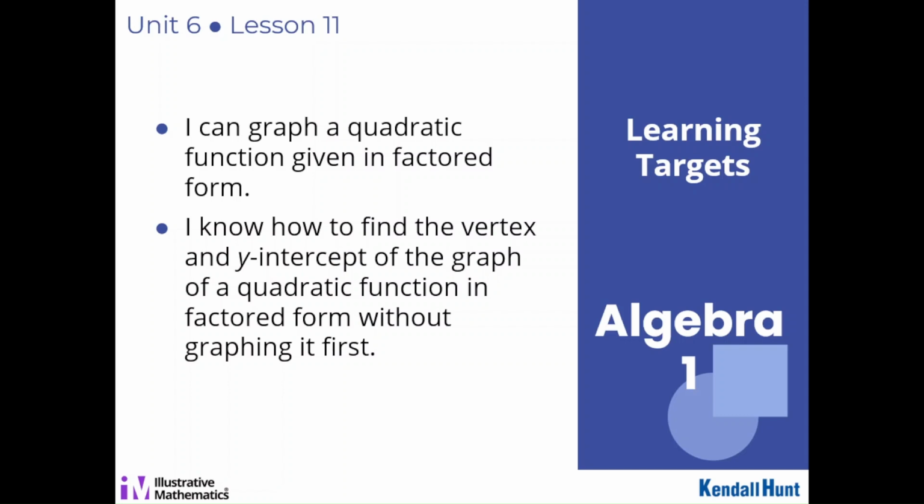If I want to find the y-intercept, then being on the y-axis means my x value must be 0. I substitute 0 in for x on the original equation to find the y-intercept.